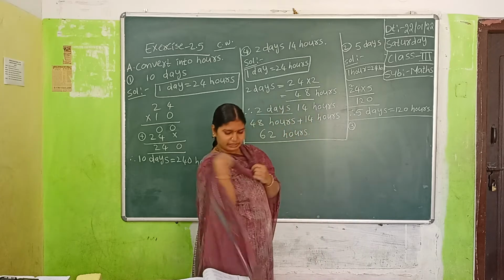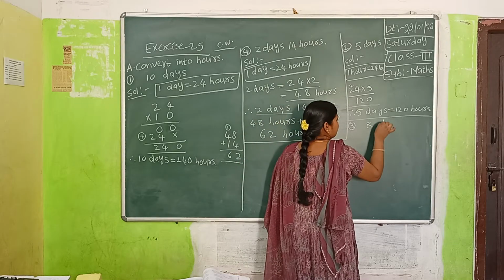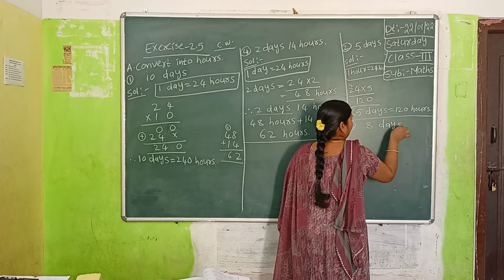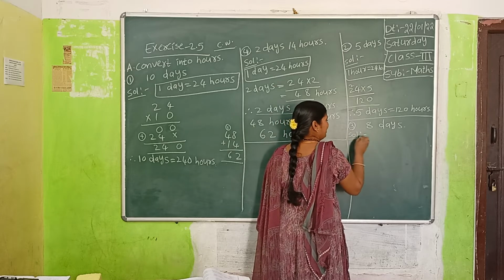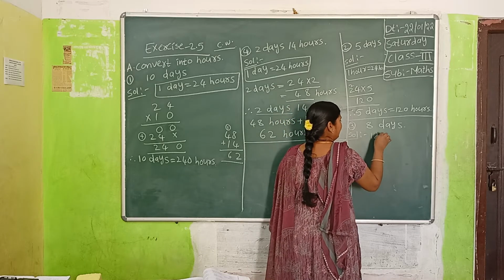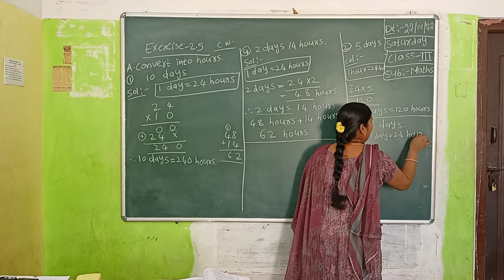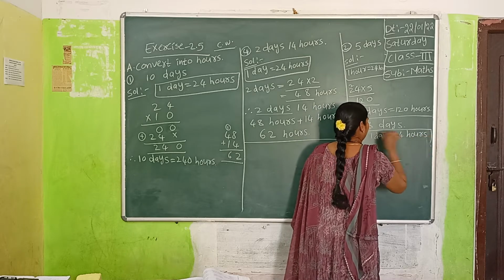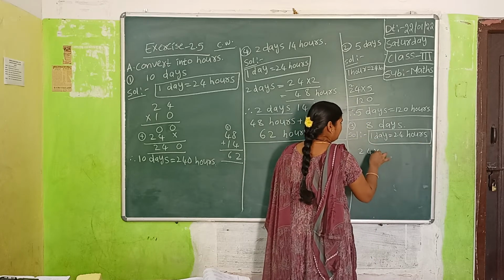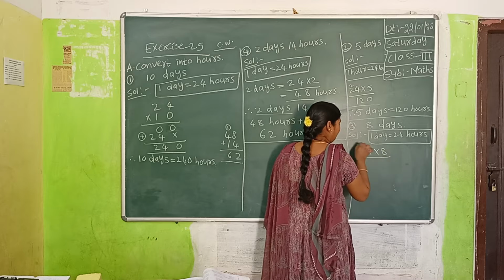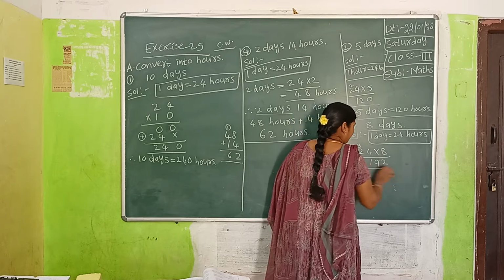Third one. What is the third one? 8 days. Here also write down the formula compulsorily, that is 1 day equal to how many hours? 24 hours. Now multiply 24 into 8. 8 fours are 32. 8 twos are 16, 17, 18, 19.